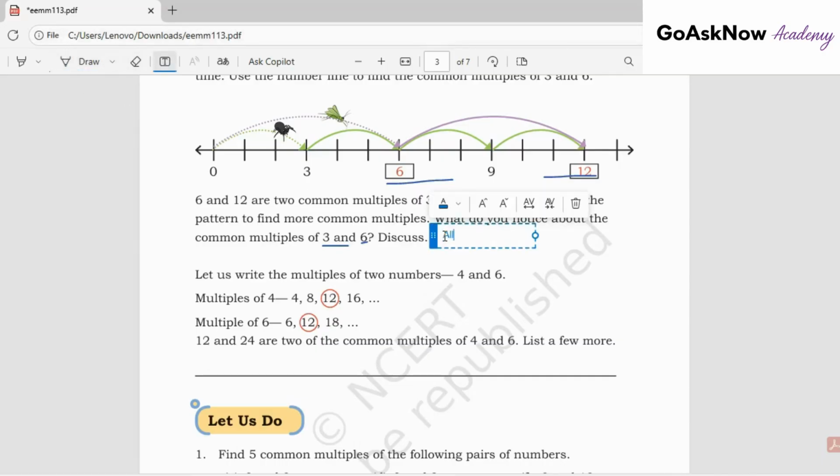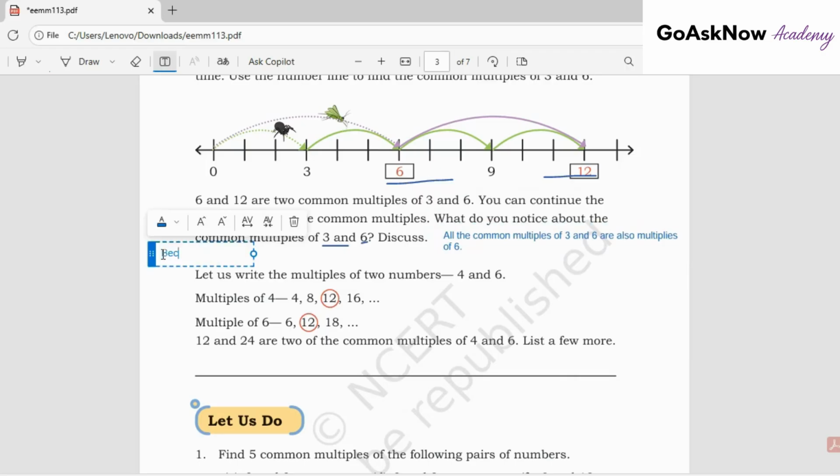Here, all the common multiples of 3 and 6 are also multiples of 6, because 6 is a multiple of 3.